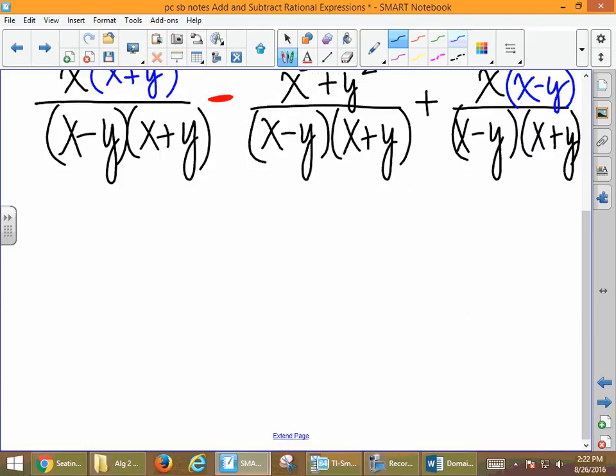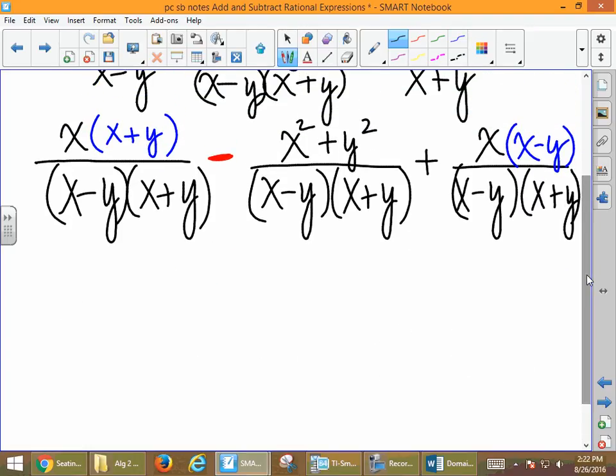And now we need to simplify. And I'm going to write it again. This next step may be a step that you do not have to write. It's x times x plus y minus, that minus applies to the entire numerator.